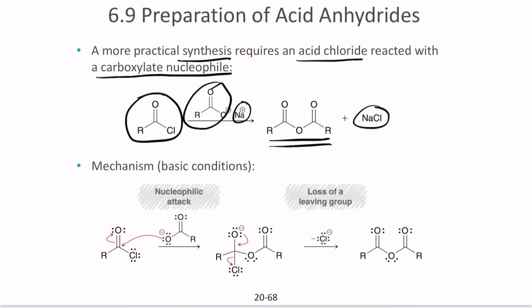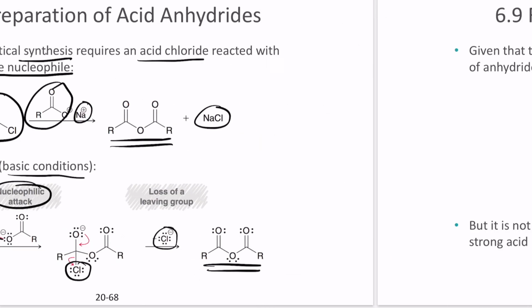This reaction generally takes place under basic conditions, meaning there is no proton transfer involved at the start. The first thing that happens is the nucleophilic attack. The carboxylate ion will attack the carbon, and chlorine is the good leaving group. So that will leave, finally creating the anhydride.